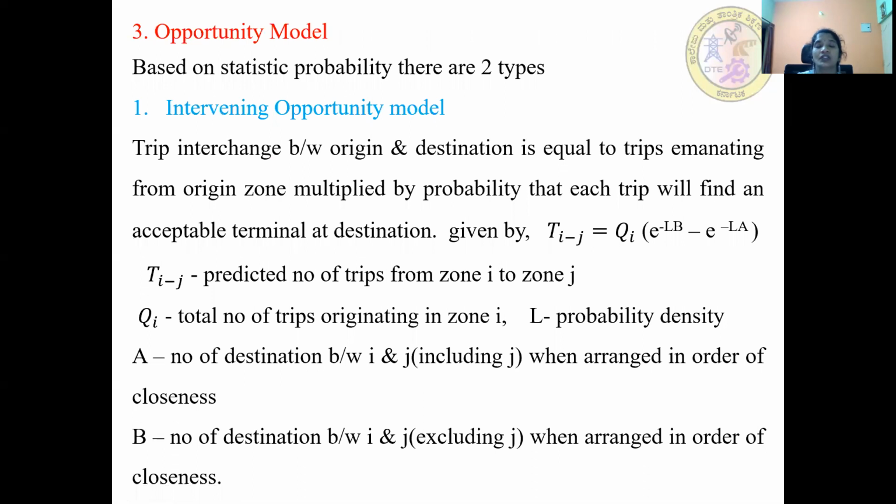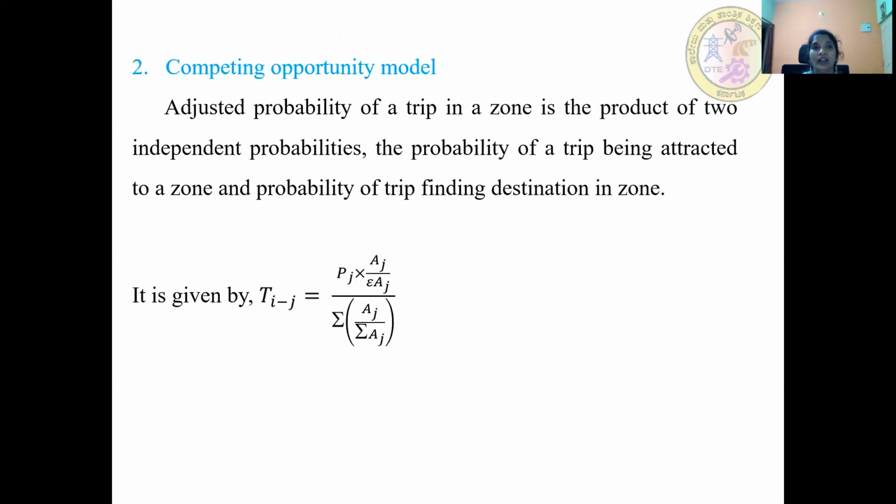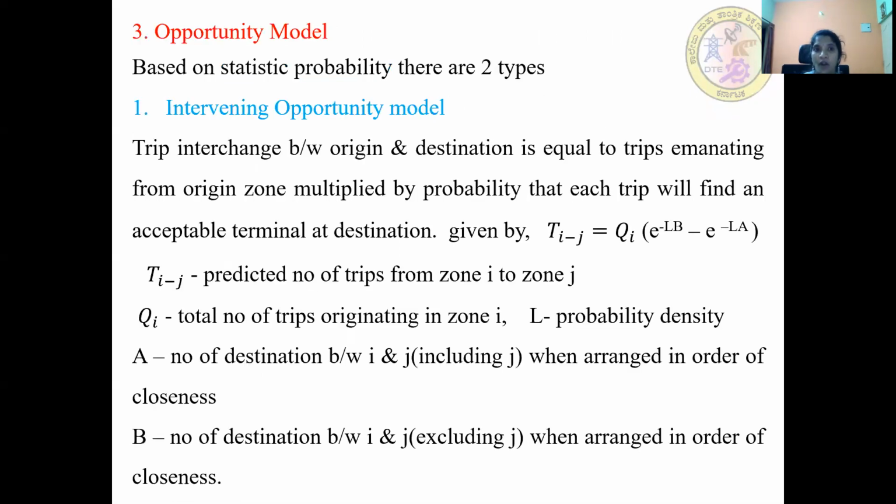Okay, the next model is the opportunity model. This is mainly based on statistical probability. There are two types: intervening opportunity model and competing opportunity model.